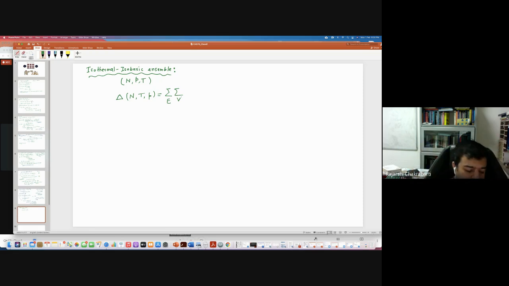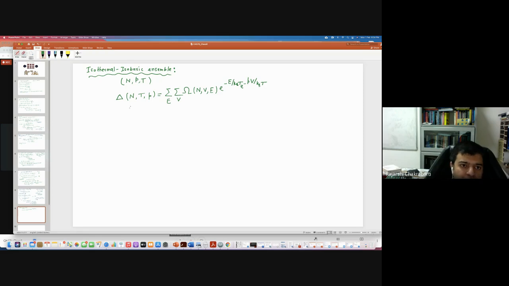The volume can change, and this is going to be equal to the mechanical partition function at NV times the Boltzmann factor in volume.